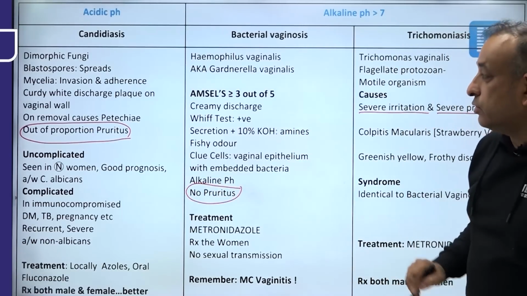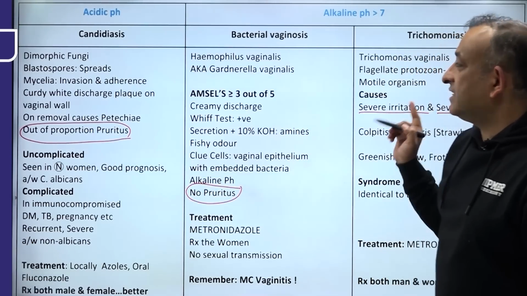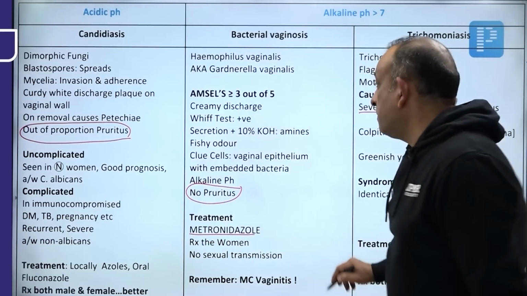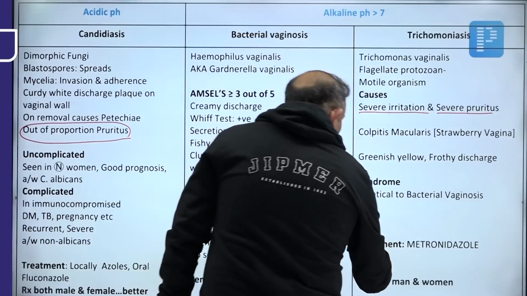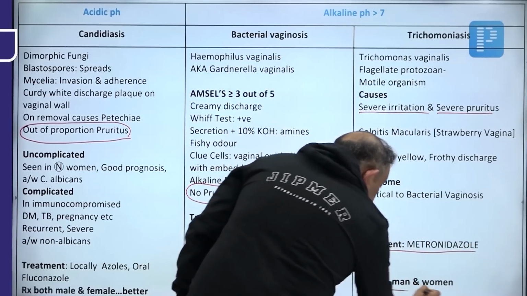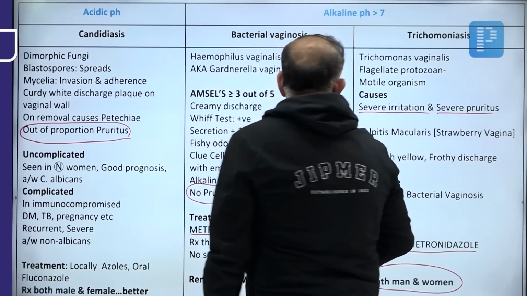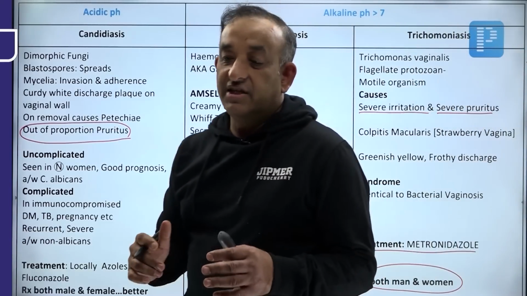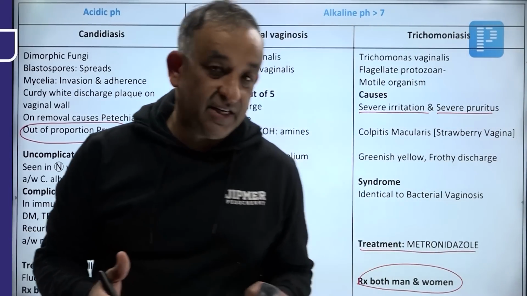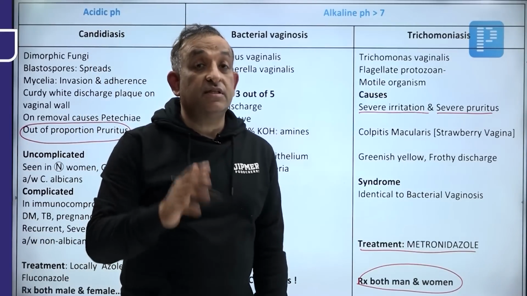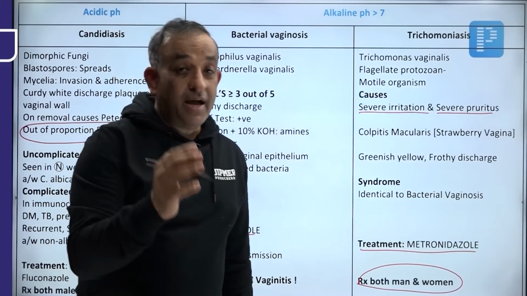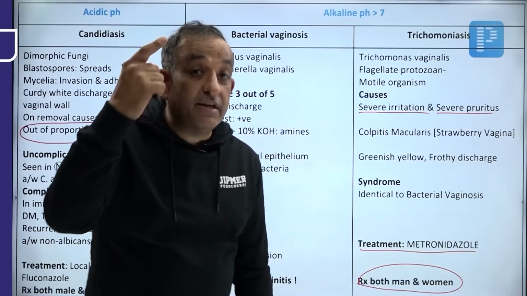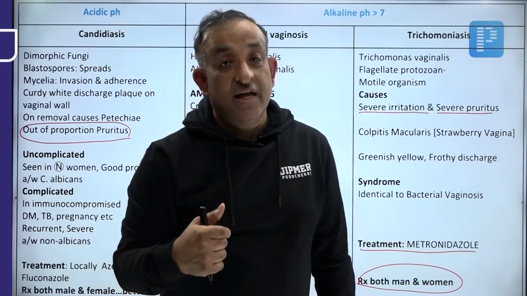Major MCQ. Then when we talk about bacterial vaginosis treatment, the drug of choice is metronidazole, but in trichomoniasis it is also metronidazole. Here we give it to both man and woman, because when a woman has trichomoniasis and has intercourse with a man who is not affected, with one intercourse there is up to a 70% chance that the man will be infected.